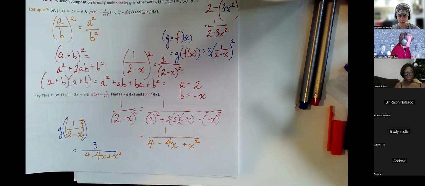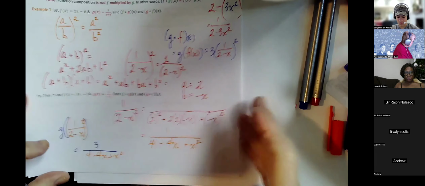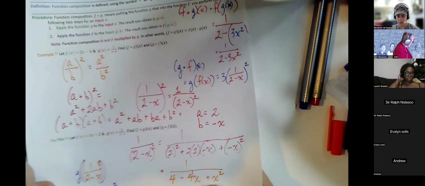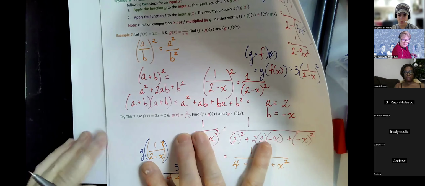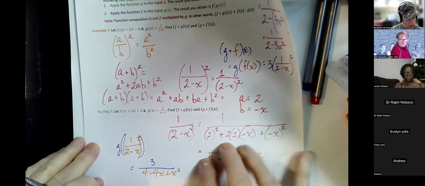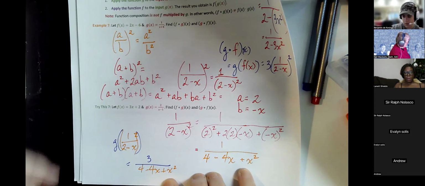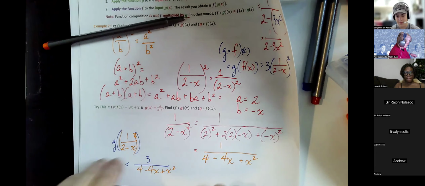Sometimes a function is its own inverse, and that's kind of groovy, but we'll see all that stuff in a little bit. I want y'all to play with the Try This 7. And today, let's really work on talking.